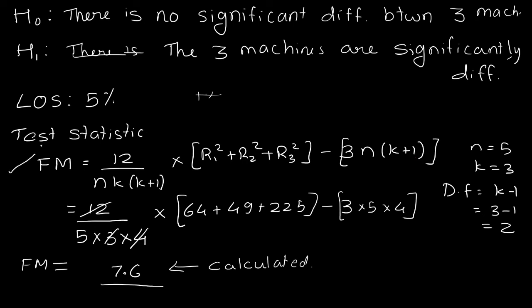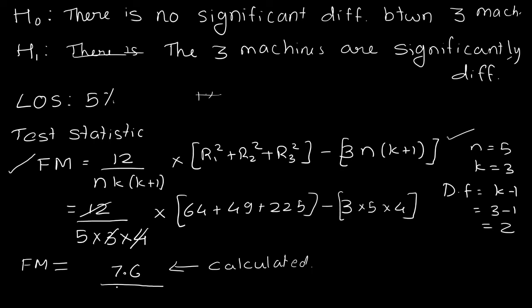The test statistic is given by this formula, which you will have to keep in mind: 12 upon nk into k plus 1, into r1 square plus r2 square plus r3 square and so on, depending on how many samples you need to compare, minus 3n into k plus 1, where n is the number of observations taken and k is the number of samples to be tested.